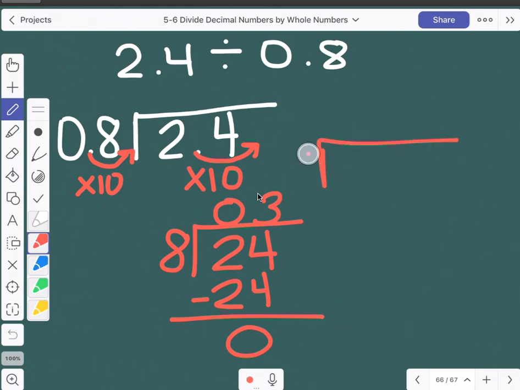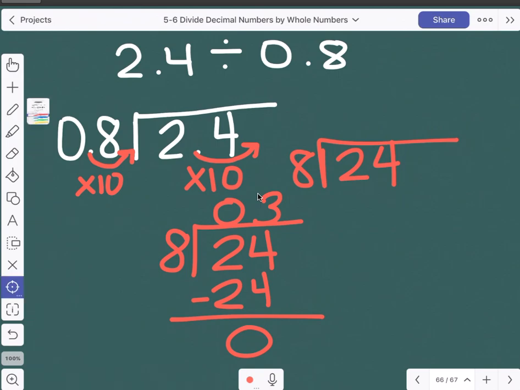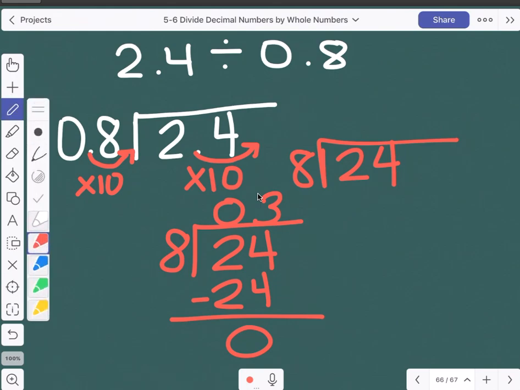We could just say, I know that 2 is less than my divisor. 2 is less than 8. So I'm just going to ignore it and look at my 2-digit number. 8 goes into 24 3 times. And I know that that has to be in the tens place, not above the 2, because I lined it up on paper that you just can't see right now. Magic.